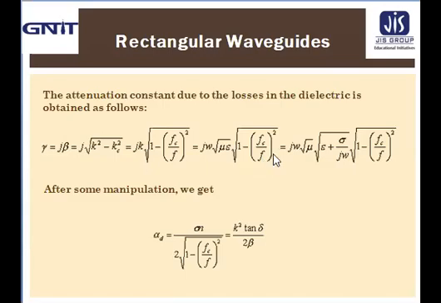This is the attenuation constant, and after some manipulation we can get alpha d, that is equal to this. In the next class we'll discuss the impedance of the rectangular waveguide and many other parameters of this rectangular waveguide.